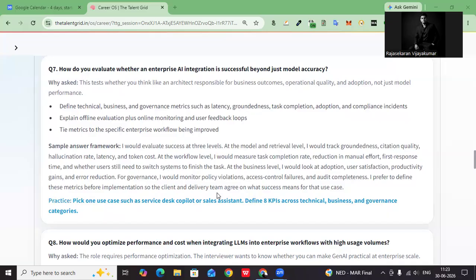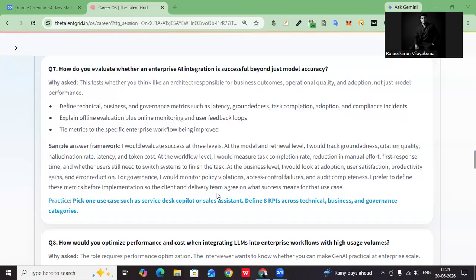We can also track cost and token usage. In AI metrics, I will check the hallucination rate, groundedness, and accuracy. In user metrics, NPS score and user satisfaction. With these key metrics, we can evaluate the accuracy of the model, and the success of the GenAI program, not only the model accuracy.